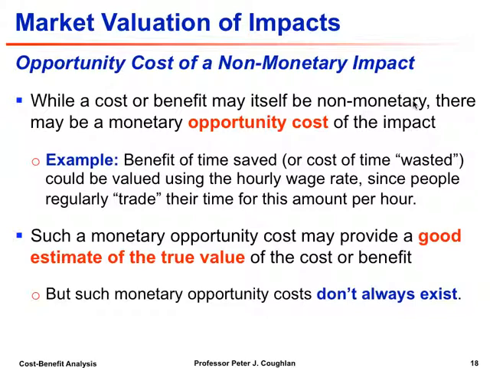For example, the benefit of time saved, or the cost of time wasted, could be valued using the hourly wage rate, right? Since the wage rate is some trading of time. When you lose time, waste time, or save time, you're giving up maybe the opportunity to work and earn an hourly wage. That's the opportunity cost of time wasted.